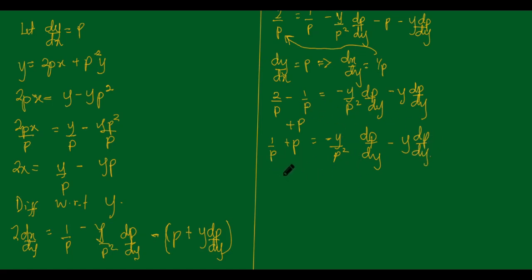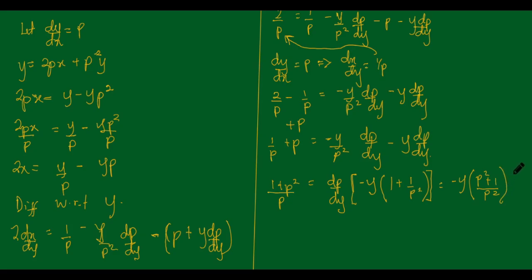So simplifying this, we have 1 plus p squared divided by p is equal to dp dy, two brackets, minus y, two brackets, 1 plus 1 over p squared, and this becomes minus y multiplied by p squared plus 1 divided by p squared dp dy.